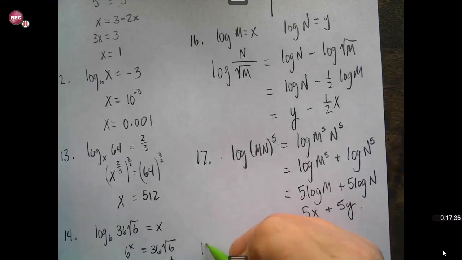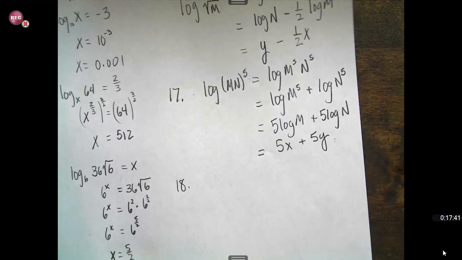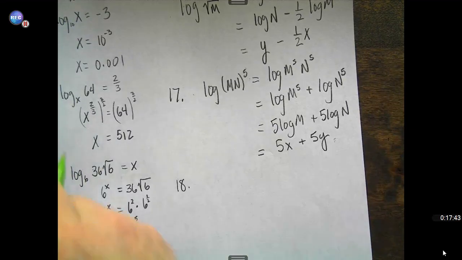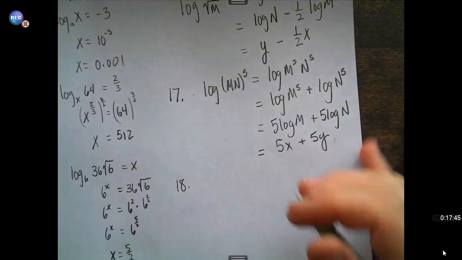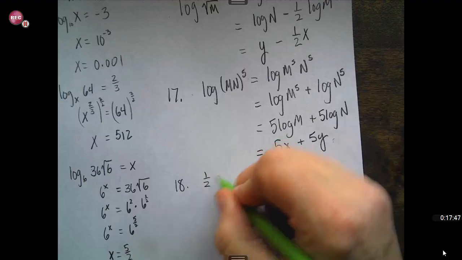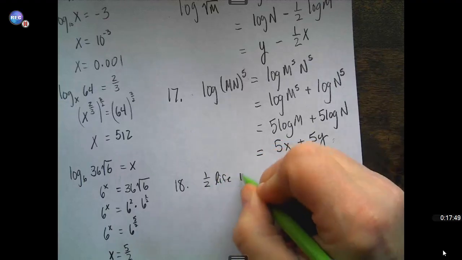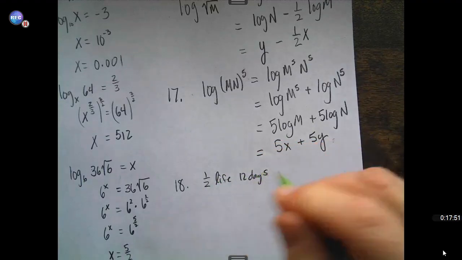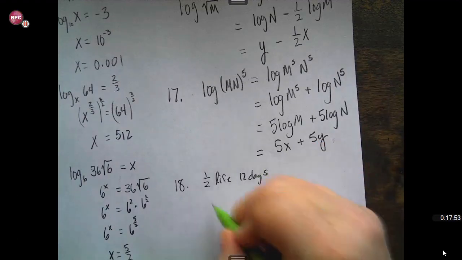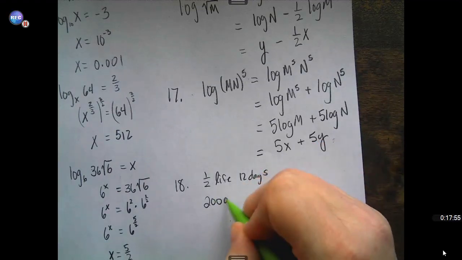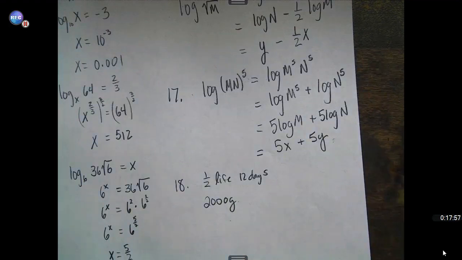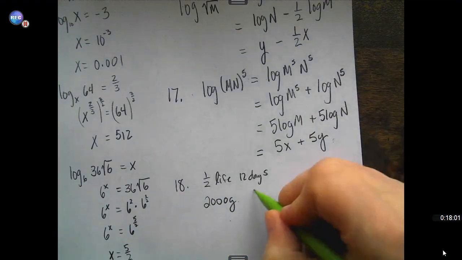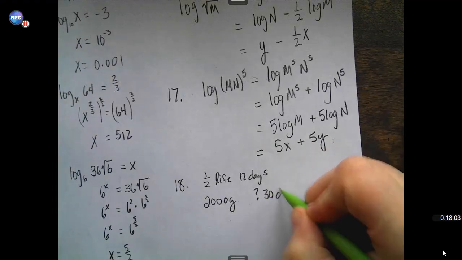So number 18. A radioactive element has a half-life of 12 days, and we have 2,000 grams now available. How much after 30 days?